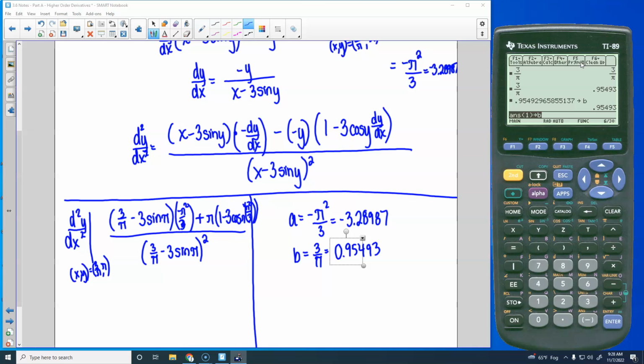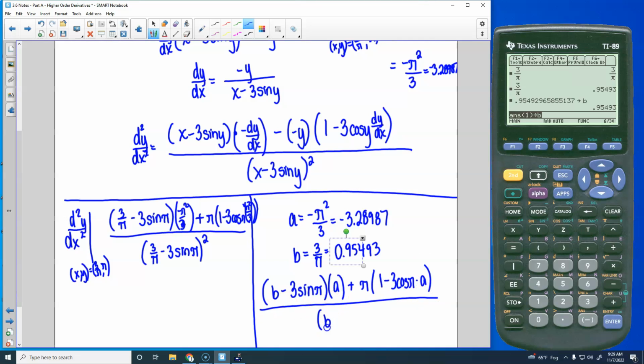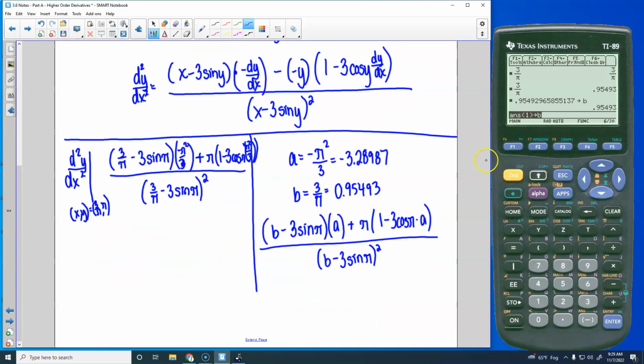So whenever I type this in, I can do B minus 3 sine pi times A, plus pi times 1 minus 3 cosine pi times A, over B minus 3 sine pi squared, and that is going to make it easier to type in, because it's going to get messy.